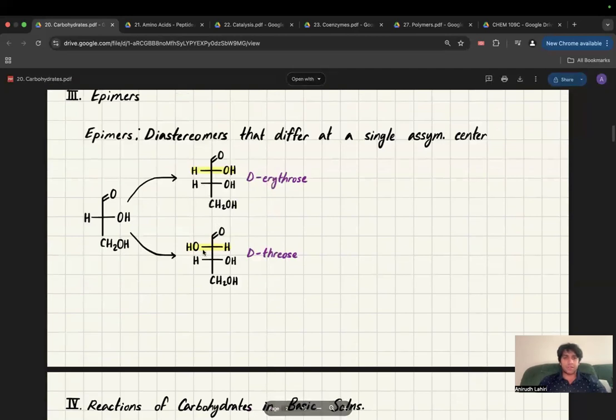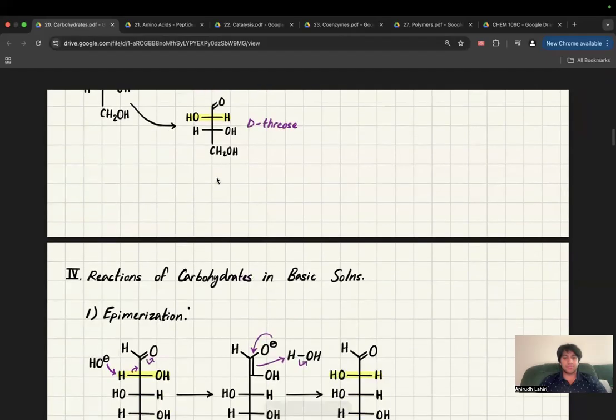We could have a C3 epimer, and we could have a C4 epimer, though not for these two structures, because we only have four carbons. But for five- and six-carbon sugars, we could have C2, C3, and C4 epimers.